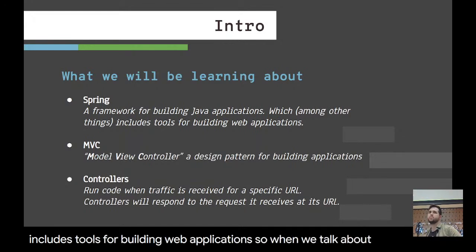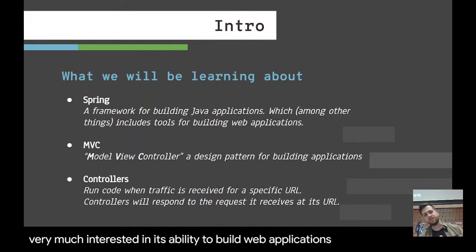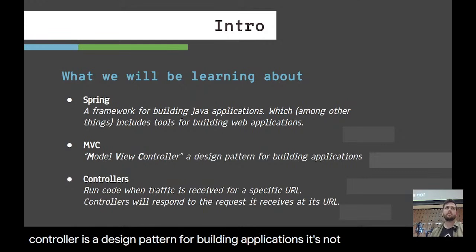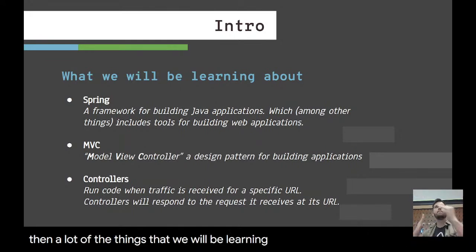So when we talk about Spring, we are very much interested in its ability to build web applications. MVC, Model View Controller, is a design pattern for building applications. It's not necessarily a library or a bunch of syntax that we're going to need to learn. It's just conceptual, and a lot of the things that we will be learning fit into the MVC concept.